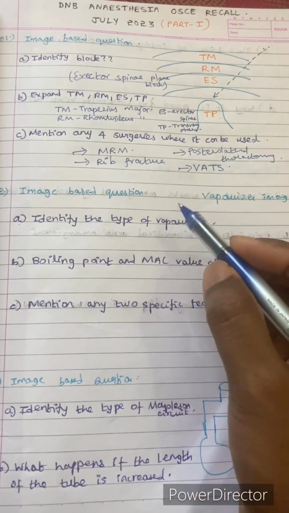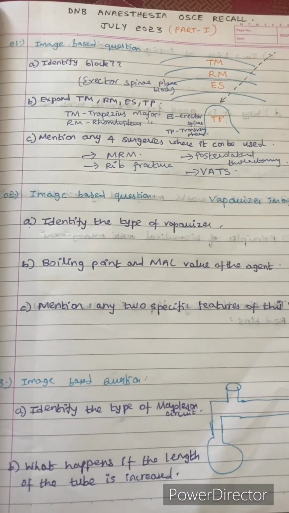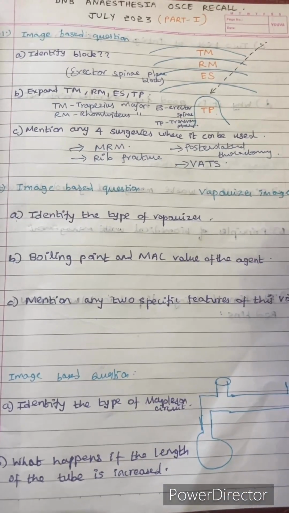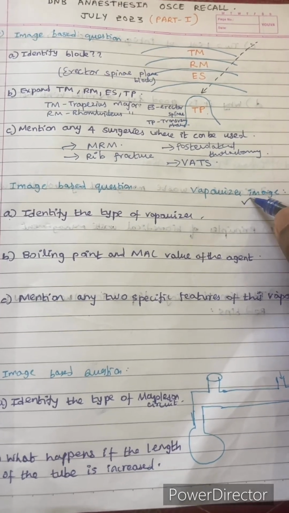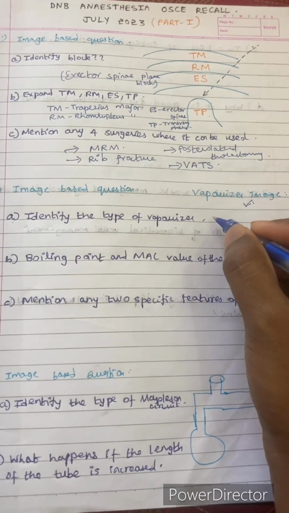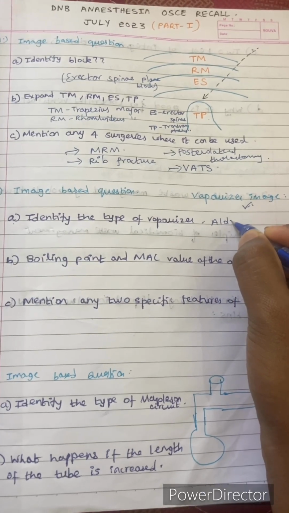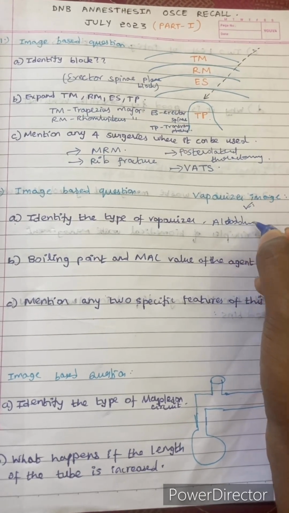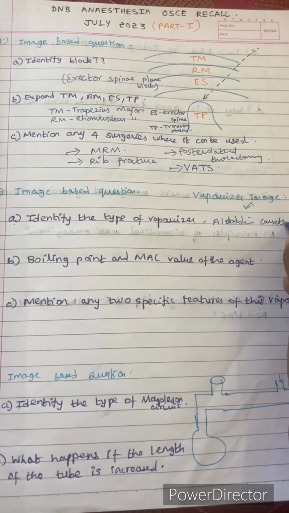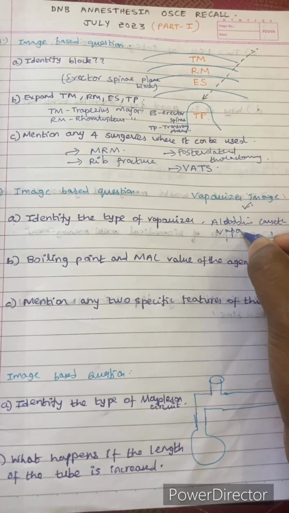Coming to the next image based question, which is a vaporizer. The image shows a vaporizer and asks to identify the type, which is an Aladdin cassette type of vaporizer. The color coding is blue, which belongs to the desflurane vaporizer.